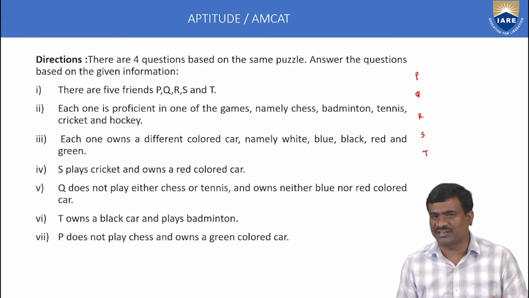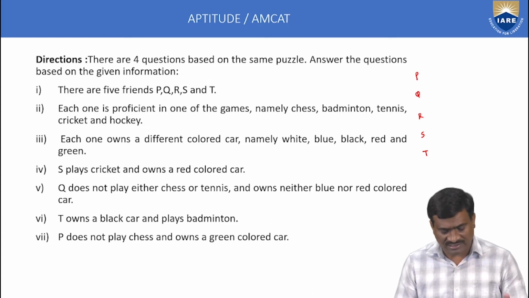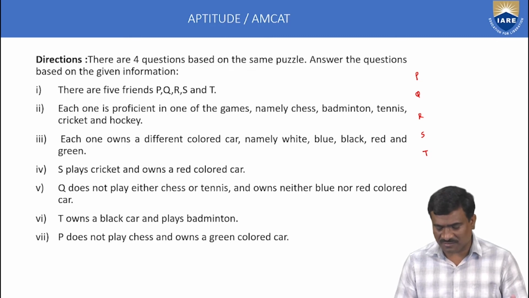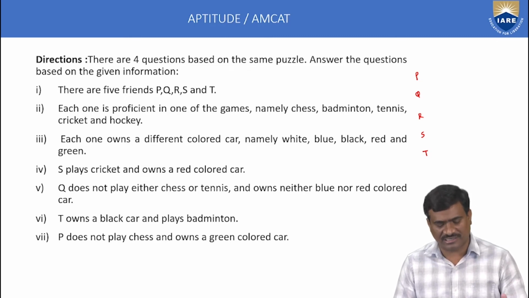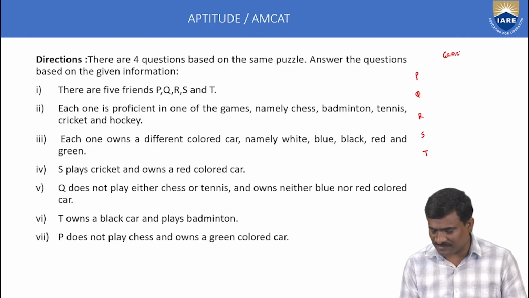Type 1 classification, just draw a table. Each one is proficient in one of the games, namely chess, badminton, tennis, cricket and hockey. That is the second column, games.